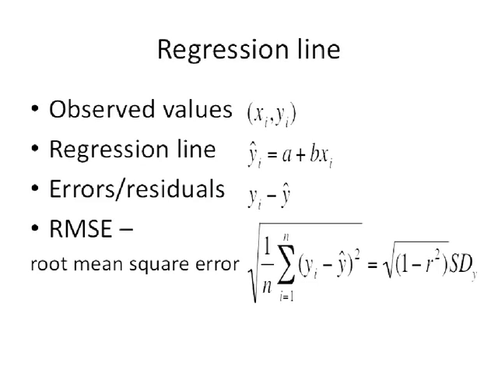So then I can look at the root mean square error. Remember, the SD of a list we defined as a root mean square error where the error is about the mean. Now I'm looking at the root mean square error, and the error now is the error in the residuals: the deviation of the actual y value from the y value on the line.